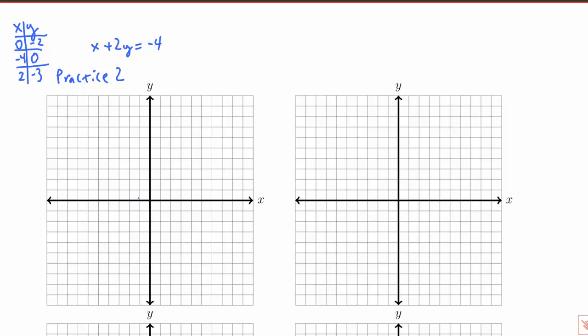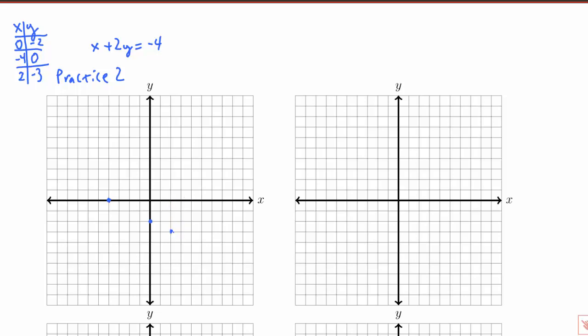That's 0, negative 2. I don't go left or right, I go down 2. Notice that that's my y-intercept. Negative 4, 0: 1, 2, 3, 4, left 4. And then I'll also plot 2, negative 3, so I go right 2 and down 3.